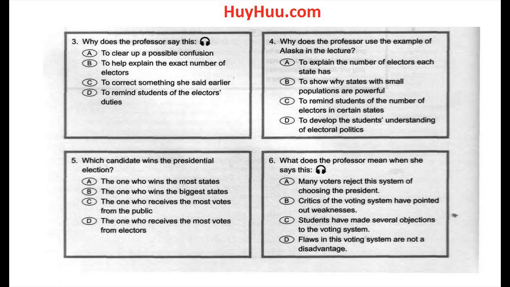Which candidate wins the presidential election? 6. What does the professor mean when she says this? There are also some problems associated with this system that you will hear raised from time to time.